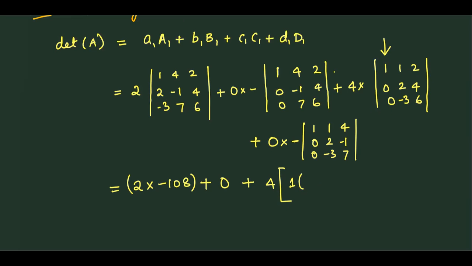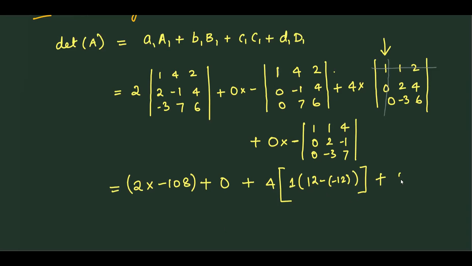what is the cofactor? Eliminate this. Cofactor is 2, 4, minus 3, 6, right? So 2 into 6, 12, minus of minus 12.